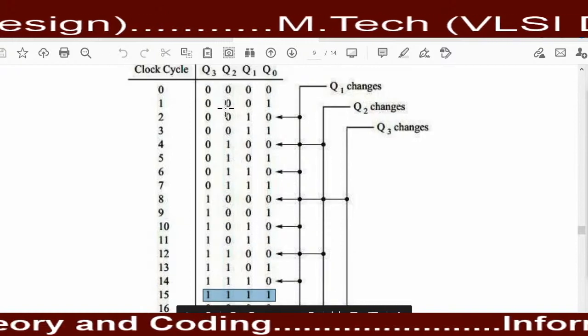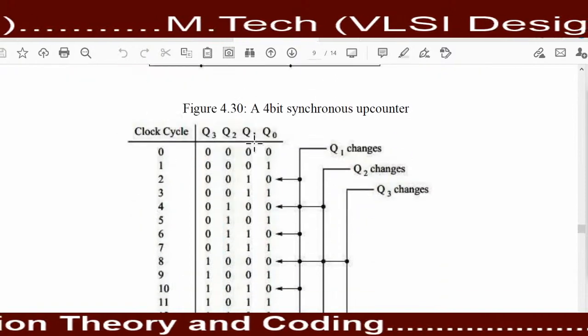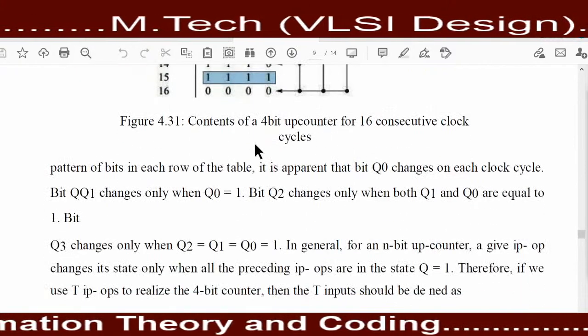Because of this ascending order of counting, this type of counter is known as an up counter.